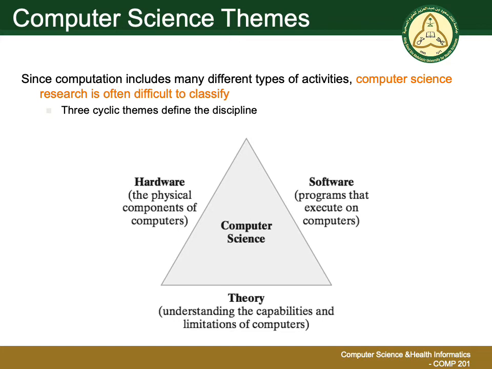The third theme is theory, and under theory we should understand the capabilities and limitations of computers. احنا عندنا hardware و software، والثيري نستخدمها عشان نعرف مقدرة الأجهزة والسوفت ويرز والكمبيوترز والlimitations، الأشياء اللي هم ما يقدرون على they cannot do it.